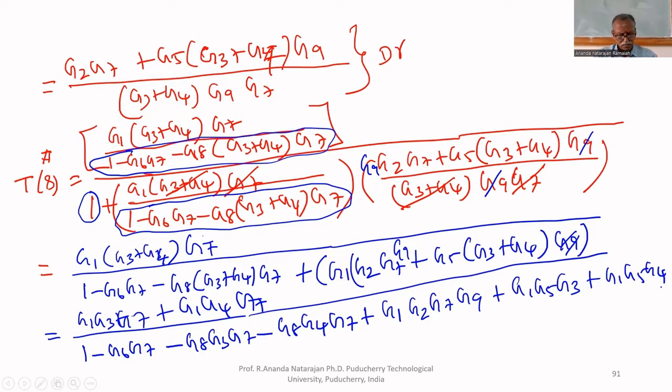G2, G7, G9 here cancel. Here divided by G9. This G9 here is cancelled, here it is not cancelled. Then what you will get? G1, G5, G3, because G9 is getting cancelled.